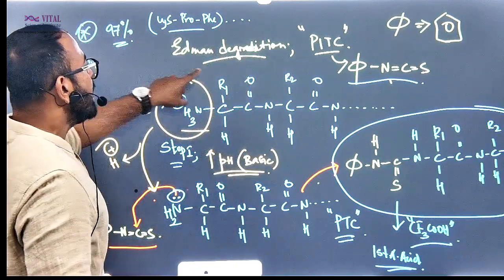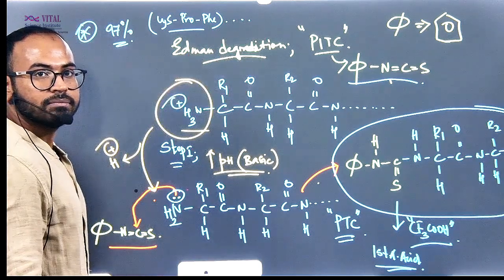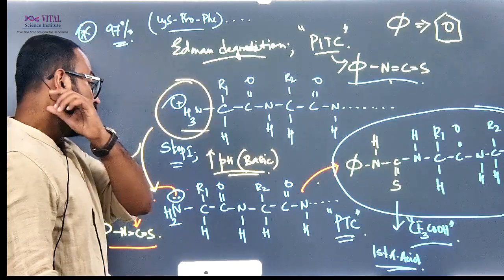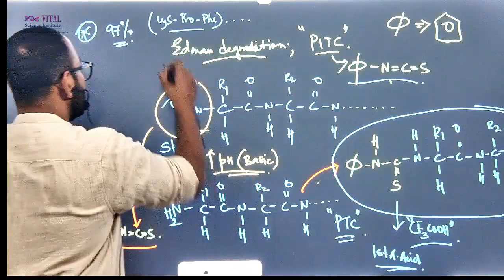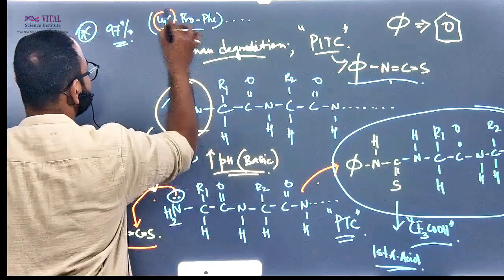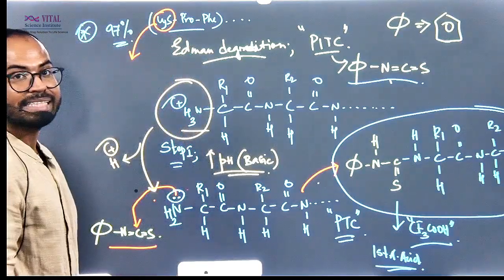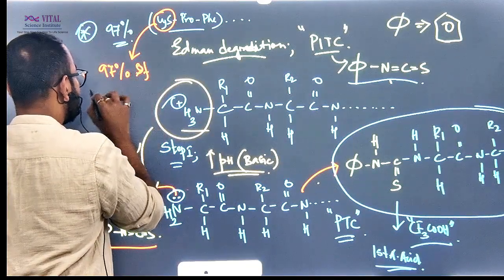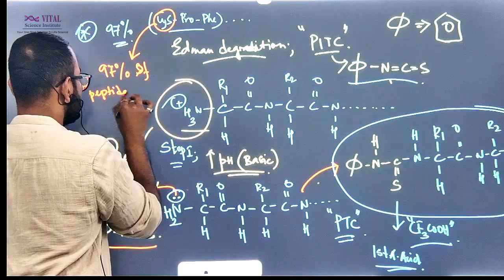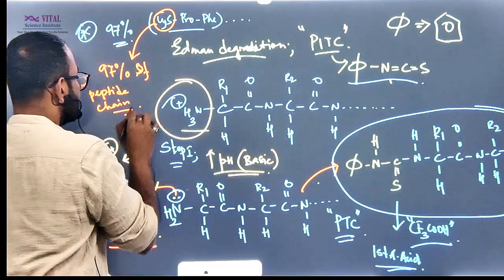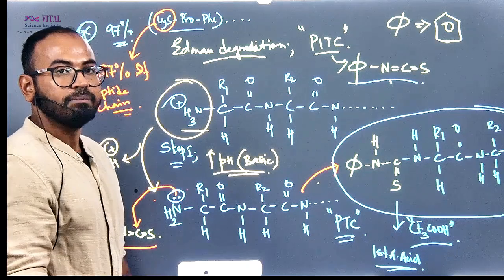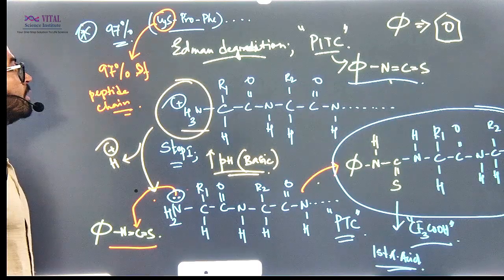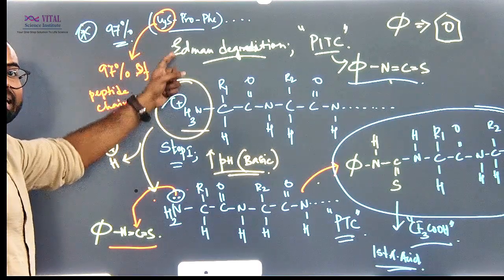Take a deeper look over here. If by means of Edman degradation, removal of lysine residues has taken place in 97% of the polypeptide chains, then there will be 3% of the polypeptide chains remaining within the solution with amino terminal lysine.